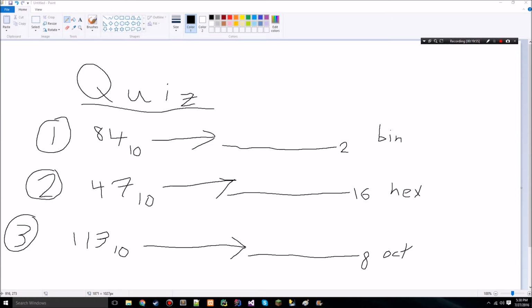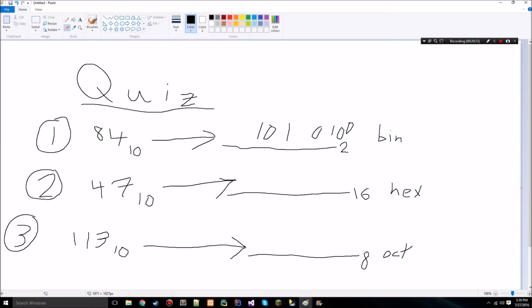Alright, so for number 1, the answer is 0101 0100. Don't worry about if you didn't get this leading 0. I just wrote it like that because it looks like a byte. You can just leave that out if you want. So don't count that against you if you put that there or you didn't put that there. It's just optional, so don't worry about that.